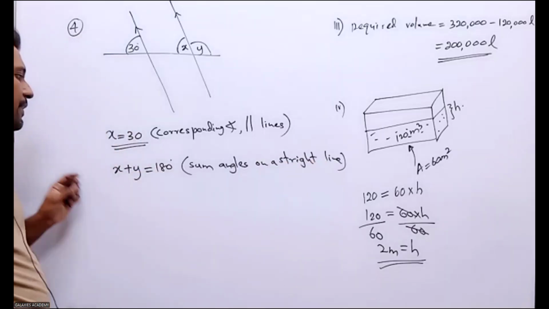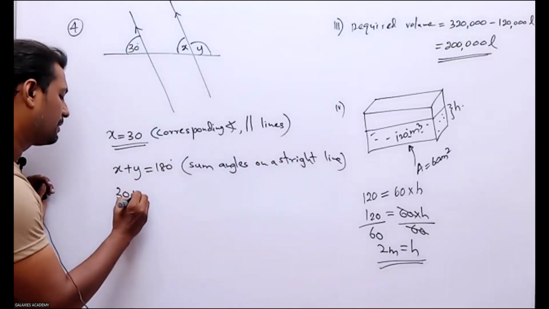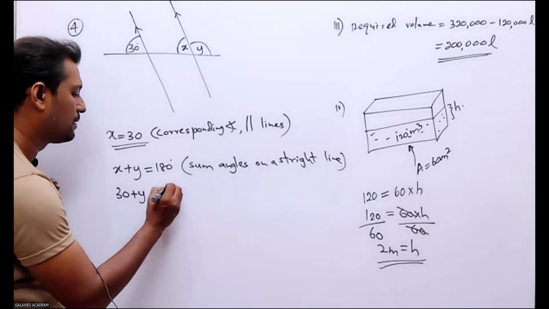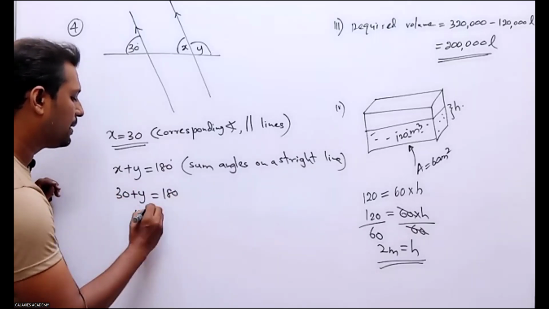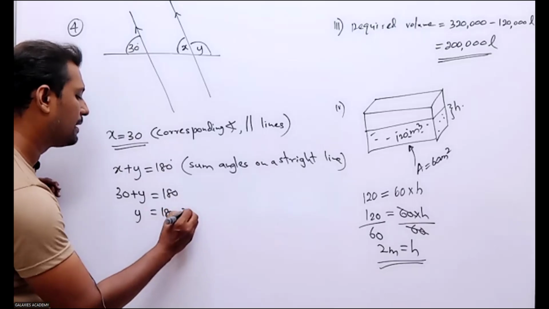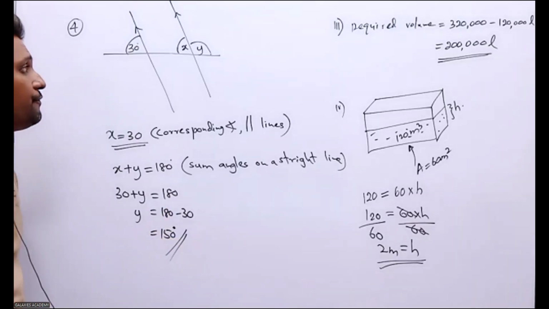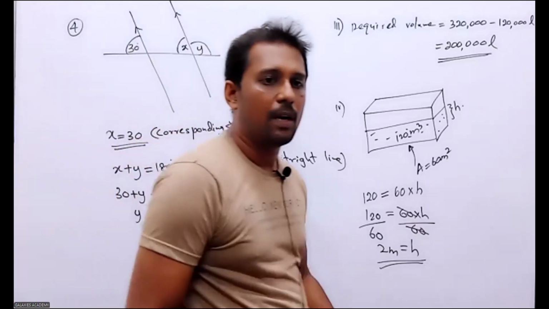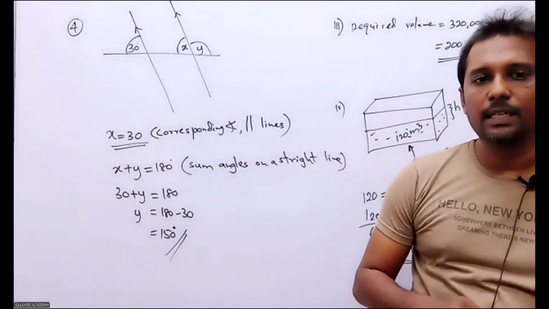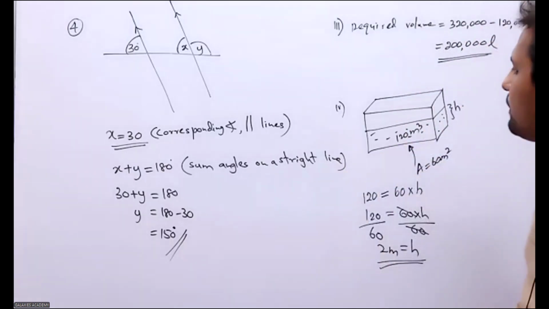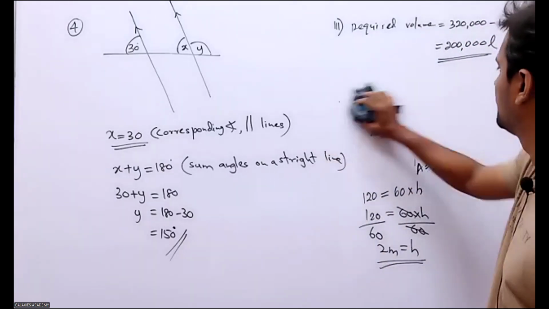Then you can simplify. X is 30. Then this plus 30 goes to the other side; it becomes minus 30. So y is 150 degrees.